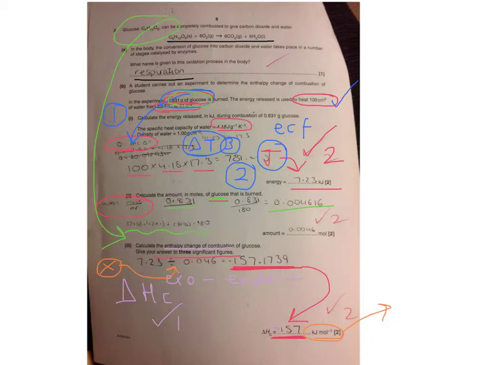So you want kilojoules divided by mole. So in other words, you want answer to part 1 divided by answer to part 2. Okay, so that's question 3.